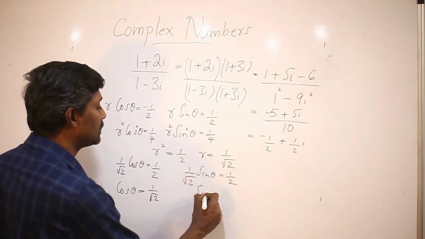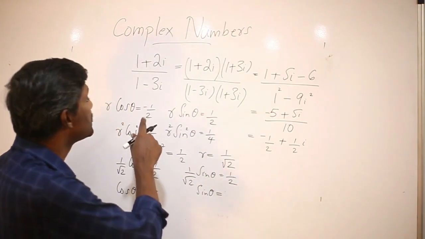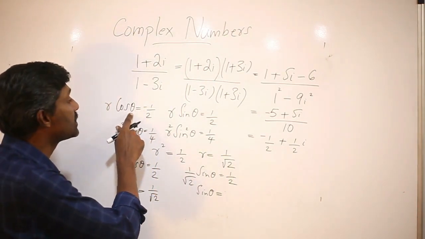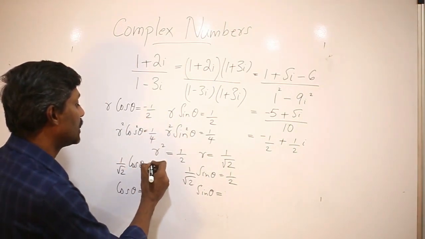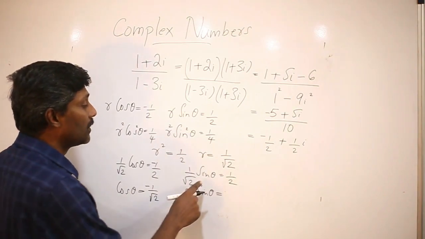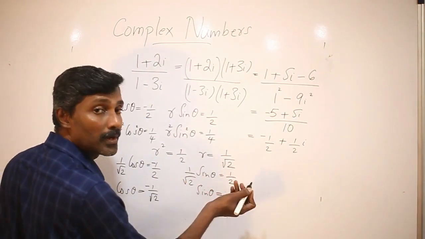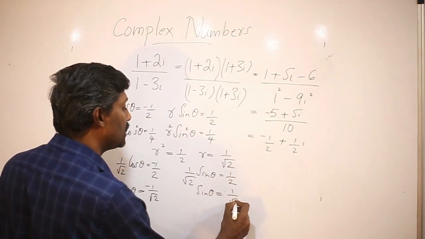Again, sin theta is equal to, just a minute, I made a mistake, I think. There's a minus here. Okay, r cos theta is equal to minus 1 by 2, so I missed the minus here, sorry for that. So there is minus here. Here we have sin theta is equal to again 1 by 2 divided by 1 by root 2, which is 2 by root 2, that is 1 by root 2.